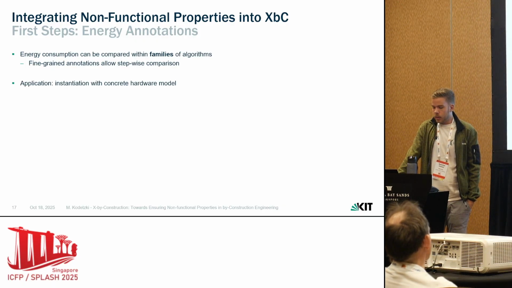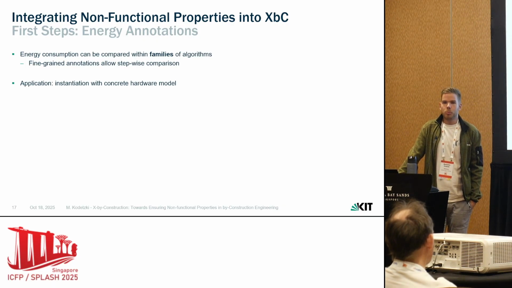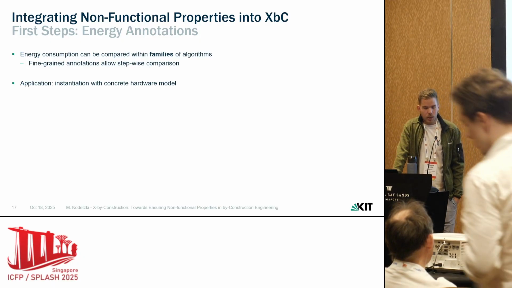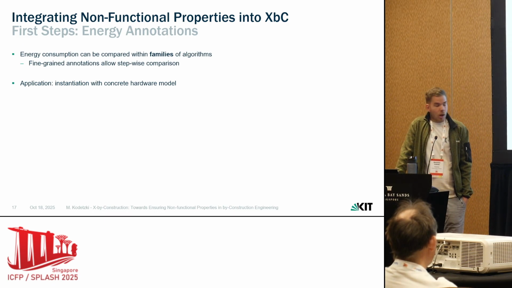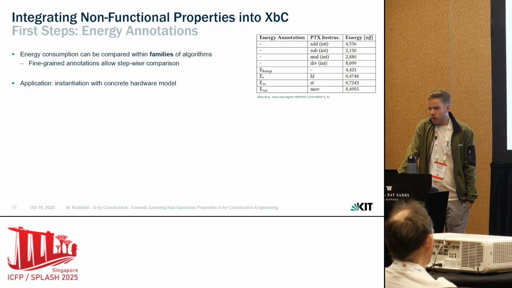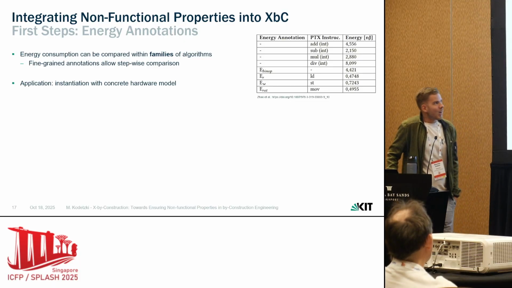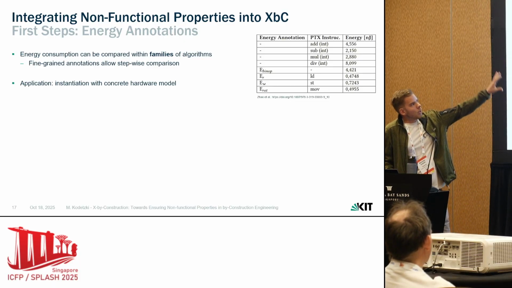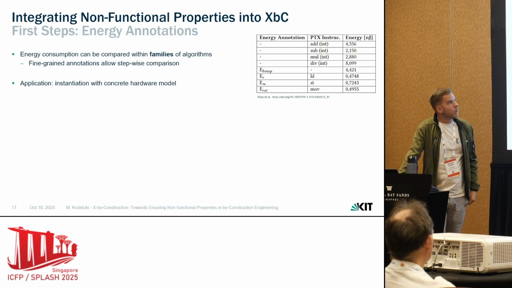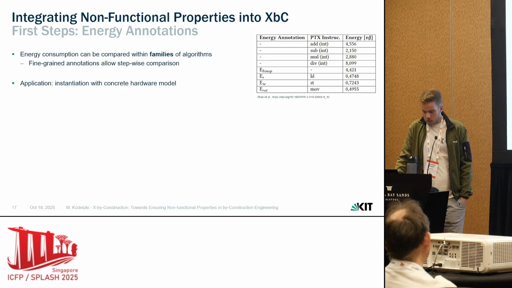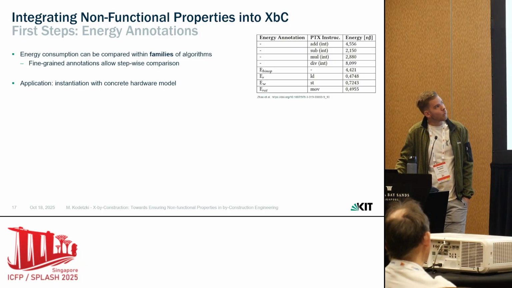Another direct application would be to put in values. As I said, there's somehow a gap between our high-level Java code and the actual hardware we would run on. However, we jumped over that gap and mapped our energy annotations, the 4 on the left, to concrete values for hardware, a hardware model for PTX instruction level with concrete values, in this case in nanojoule.